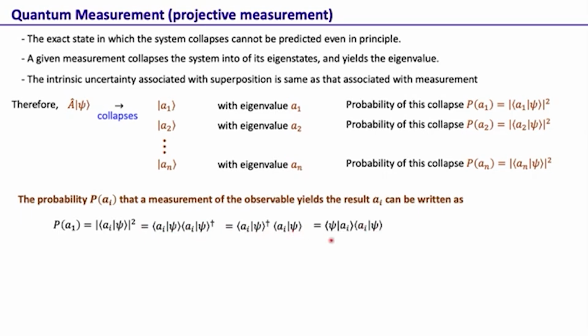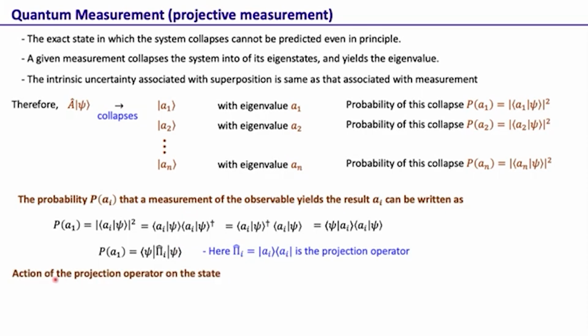So <AI|psi> dagger we can write as <psi|AI>. So now we can write this P(AI) rather as <psi|AI><AI|psi>. This |AI><AI| we call a projection operator, that we are representing by pi I. That is the projection operator.